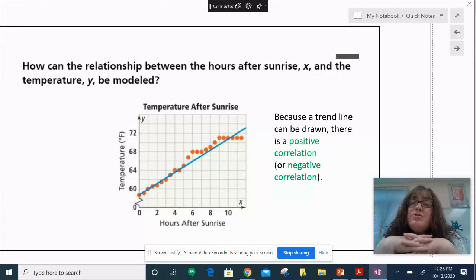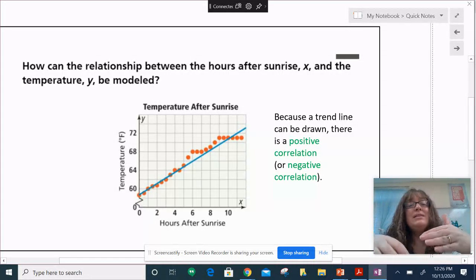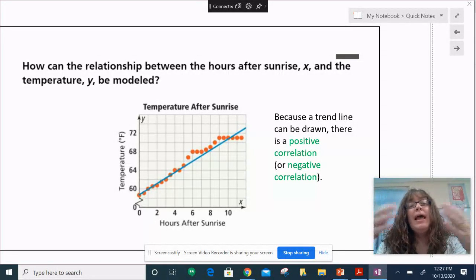What I want you to understand is our two lines, your line and my line, are not going to be exactly the same. When we're doing this with paper and pencil, we're not going to get the exact same line ever. But what we will be able to find is our slopes and our y-intercepts should be similar to each other. And in doing that, we can use that information as a prediction tool.